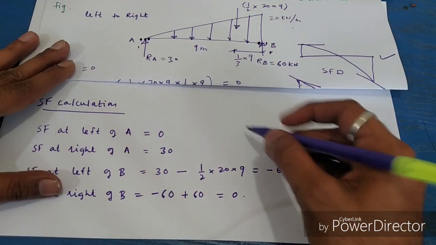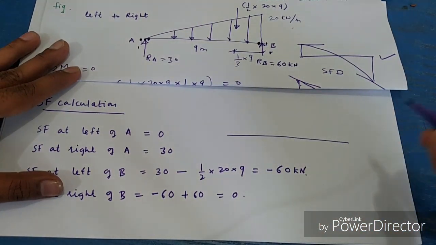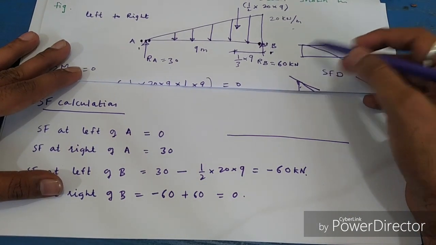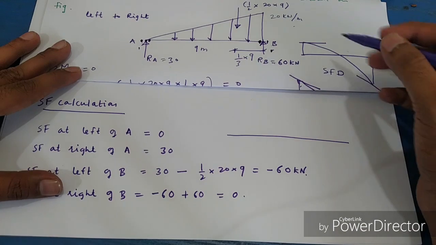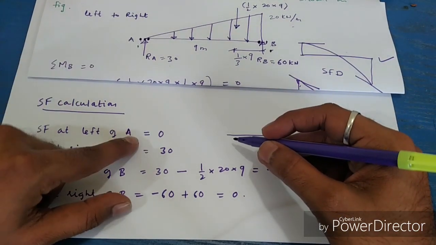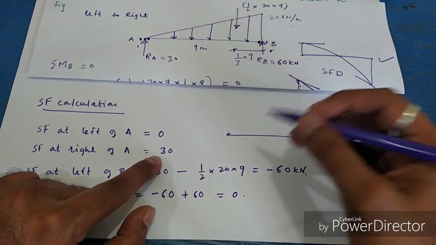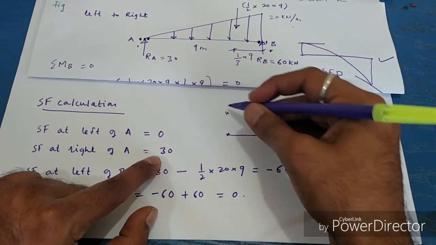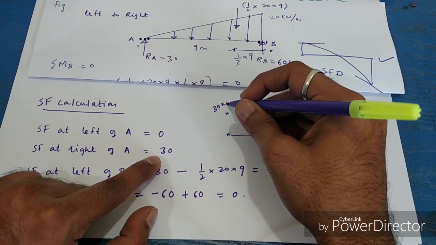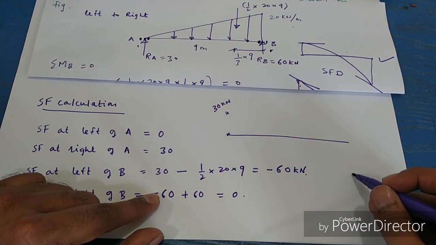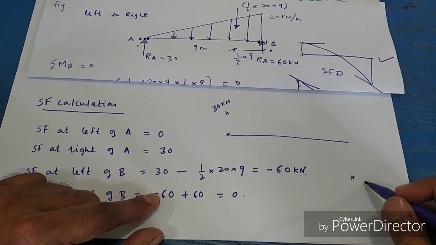I will draw here. So this is the correct shear force diagram which we have seen. At left of A it is 0. At right of A it is 30 kilonewton. At left of B it is minus 60 kilonewton.